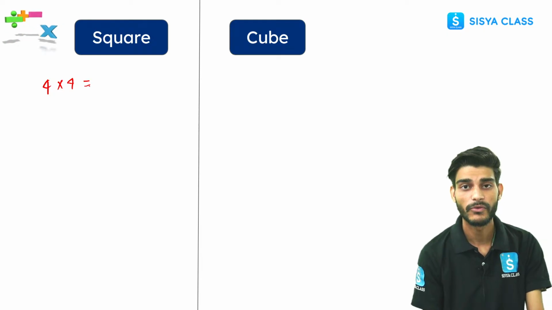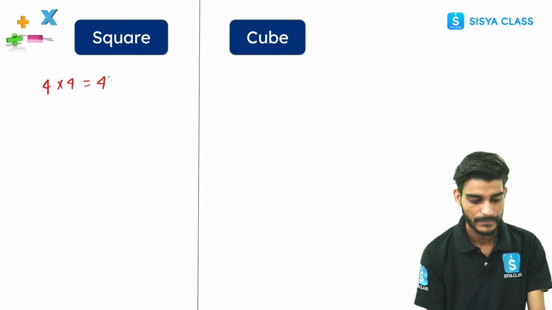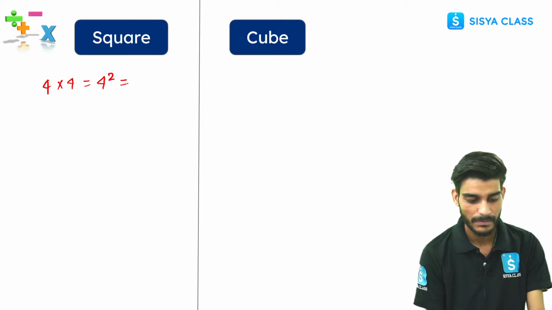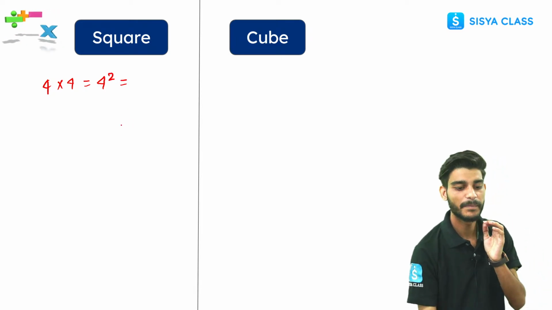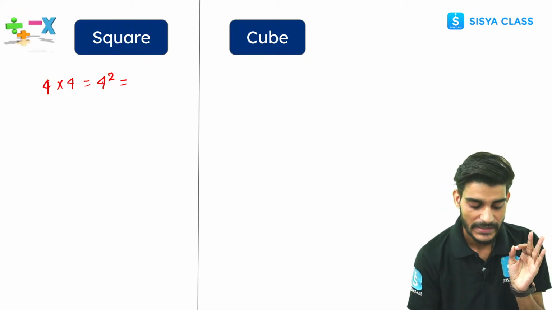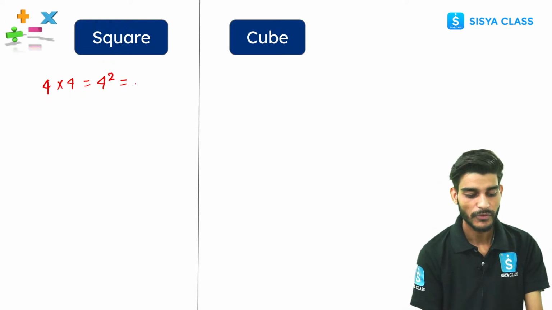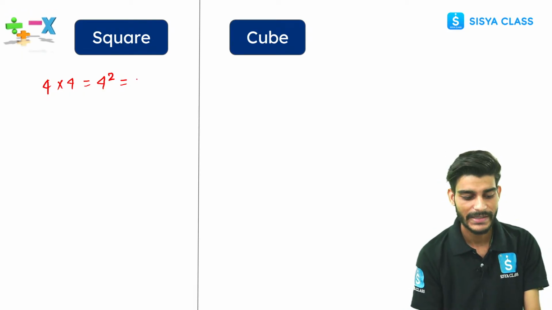So 4 square is written as 4 raised to power 2, where 4 is the base and 2 is the power. The meaning of this is 4 is multiplied 2 times. So 4 square is 4 into 4, that is basically 16.